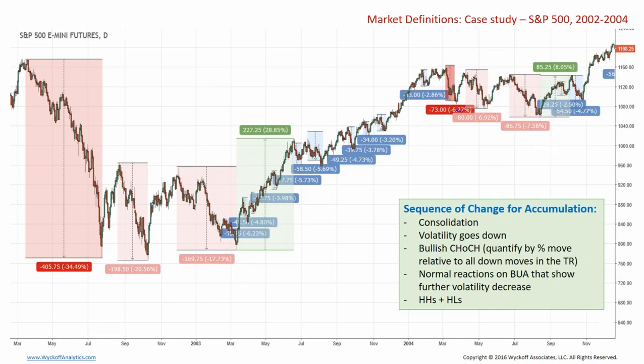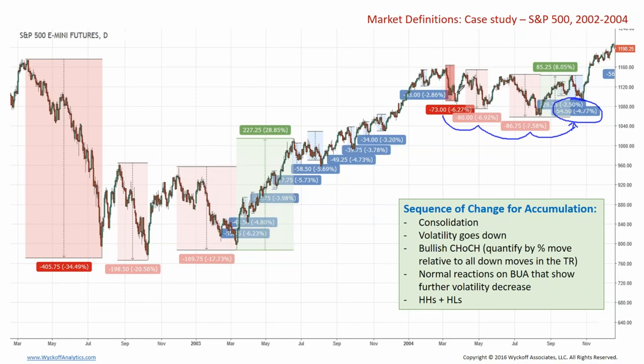But on the supply and demand side, what we would be interested in is a decrease in volatility if this is a reaccumulation, and then an increase of volatility to the downside if this is a distribution, and a decrease of volatility to the upside if this is a distribution. And we're seeing here how volatility is slightly increasing, and then on the next reaction, decreasing.